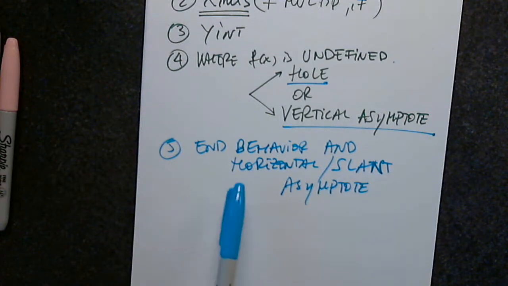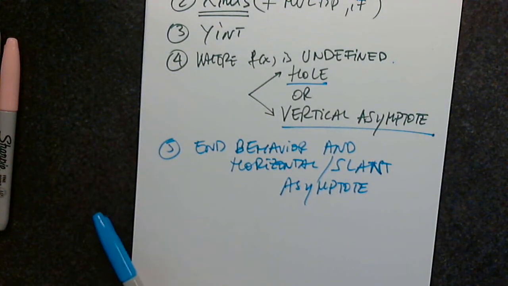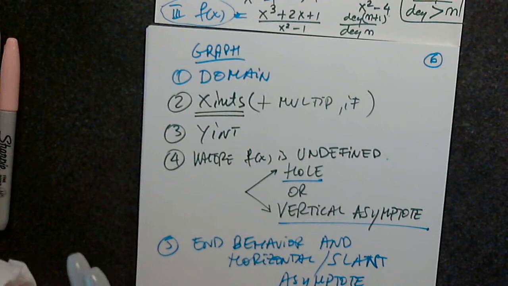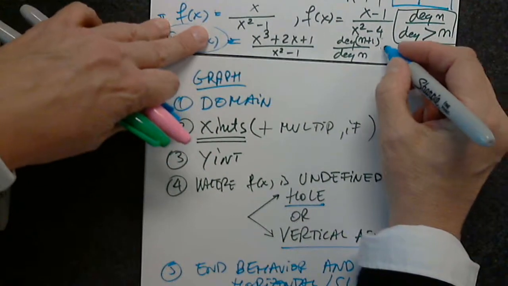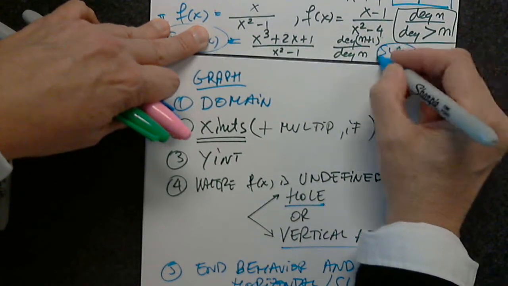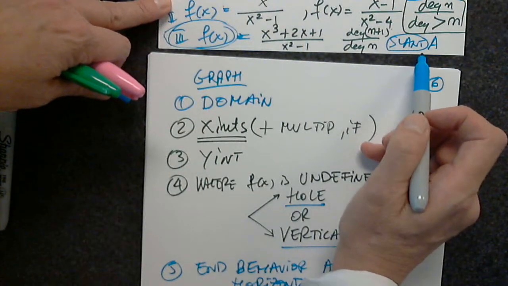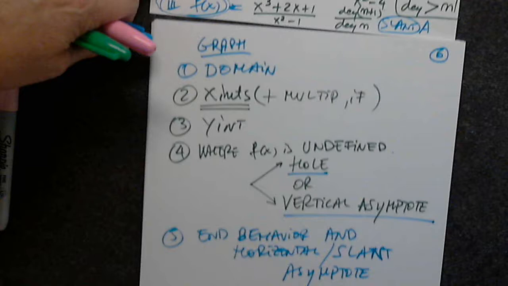A rational function cannot have horizontal and slant. It either has horizontal or slant. To be exact and tell you from the very beginning, only type 3 has a slant asymptote and not horizontal.